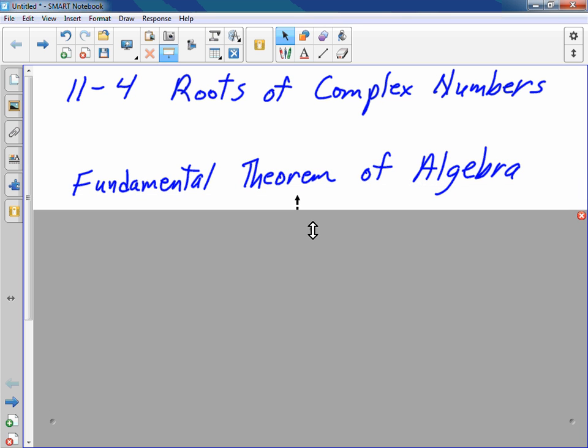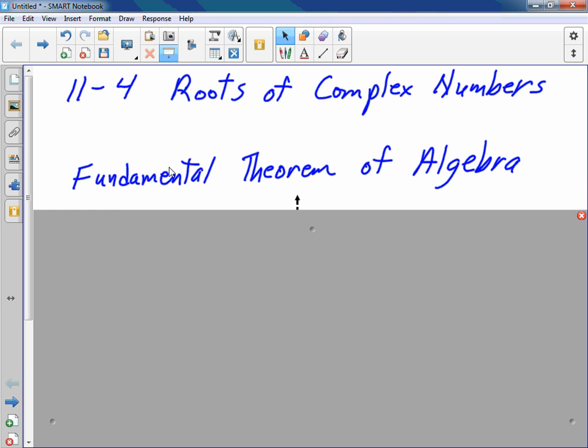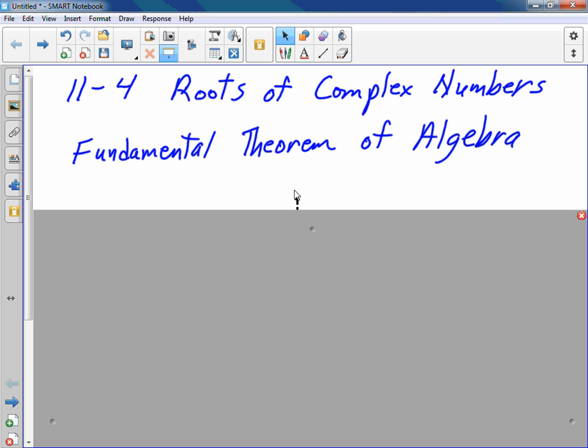So remember way back when we did the fundamental theorem of algebra.